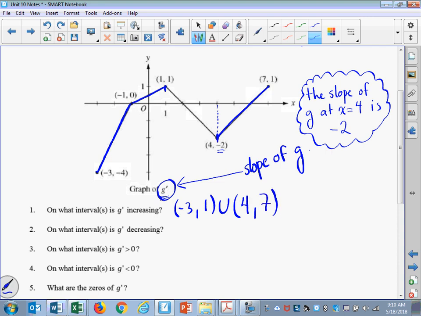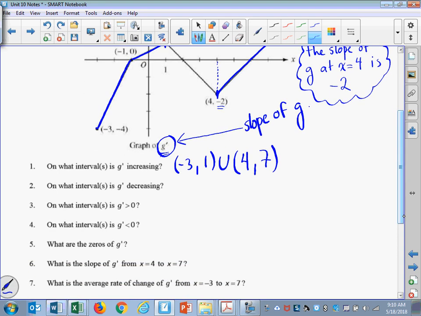Now, something that would be good to discuss that's not on here that I feel is important is, let's say, on what intervals is g increasing? You might say, well, we don't have a graph of g. We only have a graph of g prime. We only have a graph of the slope of g.